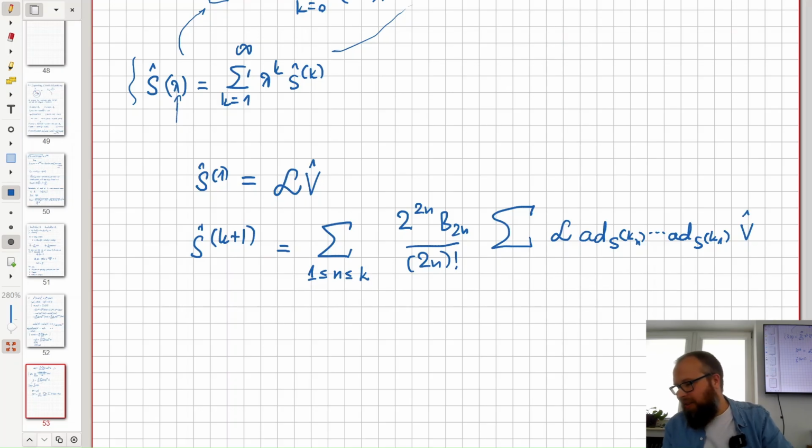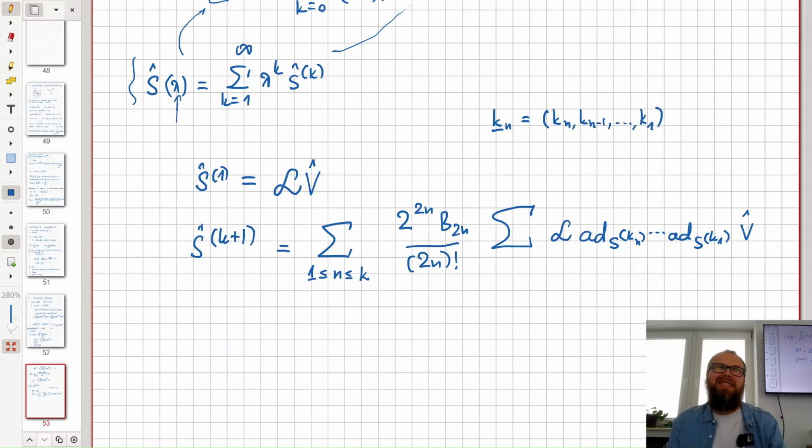What about those indices? I believe I introduced the notation for tuples at some point. So the tuple (k_n, ..., k_1) is an ordered sequence of numbers. Okay, a tuple.